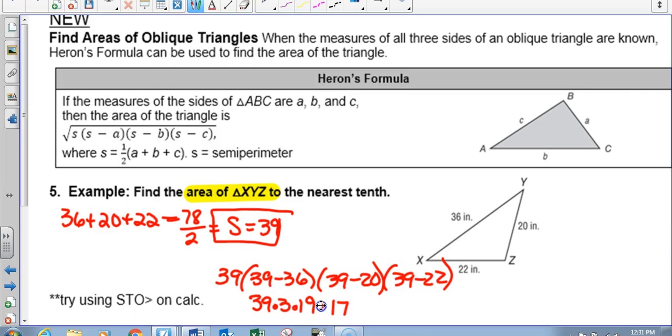We would do this all on our calculator because we're too lazy anyway, but that's as far as I'm going by hand. 39 times 3 times 19 times 17 is 37791. I square root. And I get an area of 194.4.